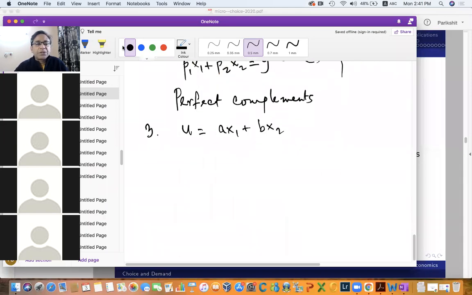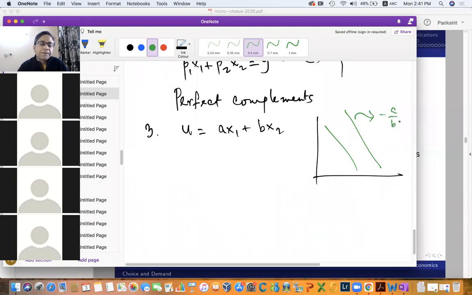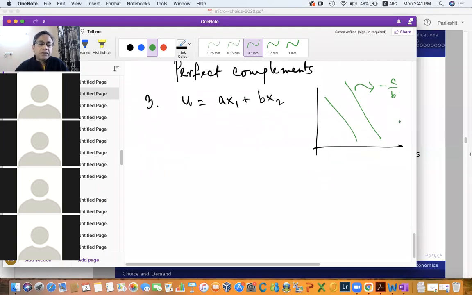So if I draw a picture, what will the indifference curves look like? Straight lines. Slope? Minus a by b. Here, if you were asleep at the wheel, I gave you this utility function and you say, okay, I know MRS will be equal to price ratio.